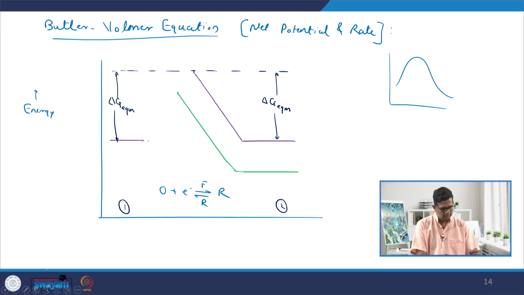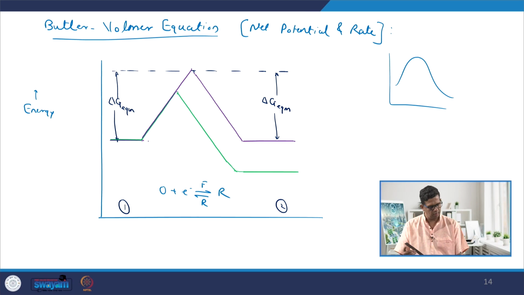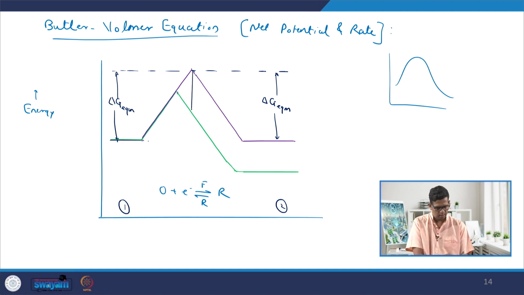Let me draw that one more time. It is going to overlap, and the displacement, as you can see, is the disturbance that we are bringing. This is denoted by eta.